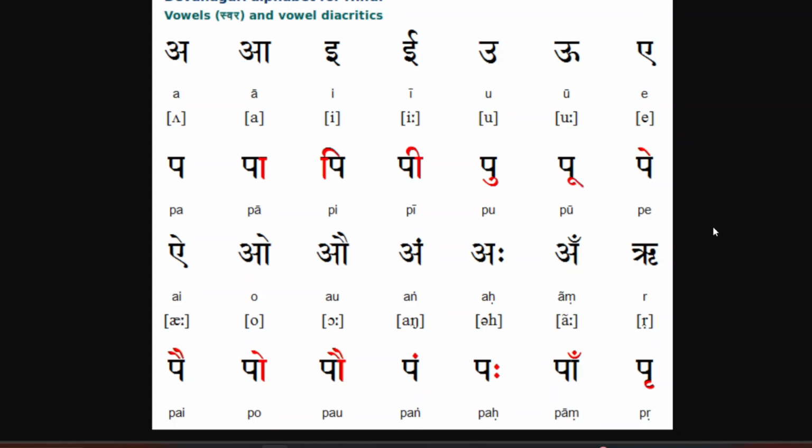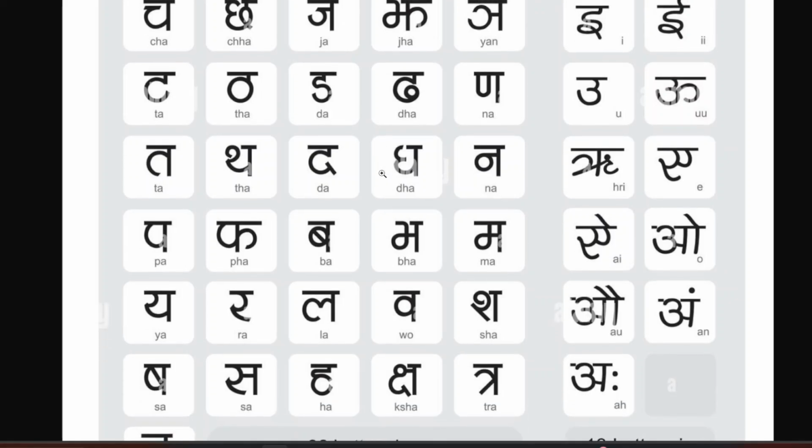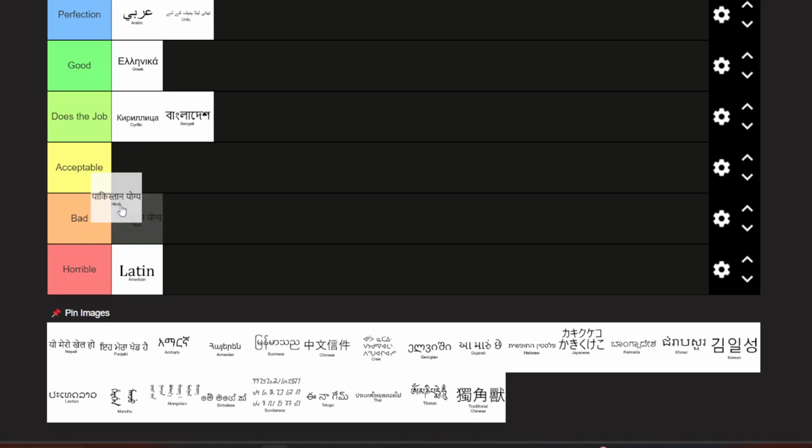But there are quite a lot. It's very squiggly. Yeah, it's quite a squiggly language. But from what I can see, I think they're more complicated than just dots. If it was just dots like Arabic, maybe. So I think yes, does the job is where these writing systems should go.